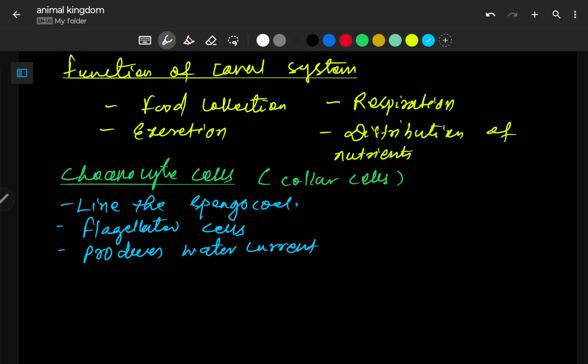Okay, and this flagella only helps in capturing the food particle.